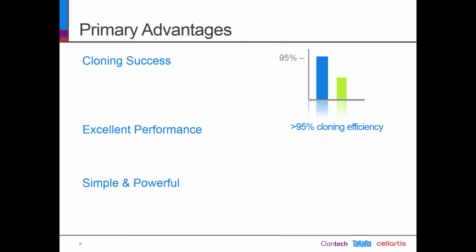So what are the main advantages of using this kind of technology? The advantage is really that you get the right clone every time. So it can be broken down into 3 parts. So it's a perfect PCR cloning system backed by more than 10 years of research.